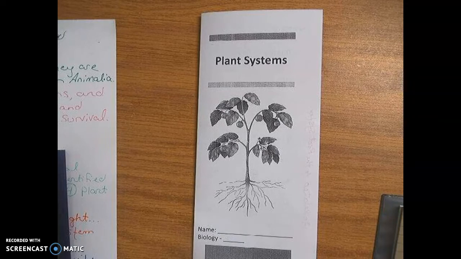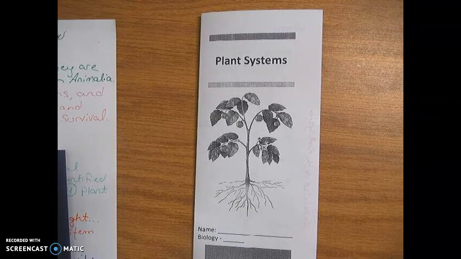Plants are also composed of cells, and those cells come together to make tissues, and those tissues make organs. Those organs in plants even make organ systems, and organ systems come together to make organisms. So even though we see them to be so different from us, they're actually very, very similar in many ways.